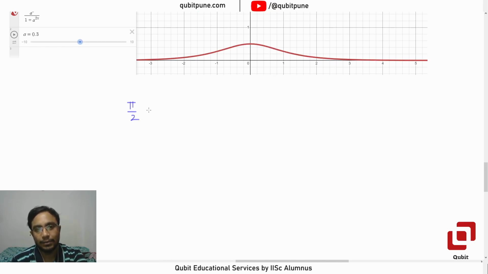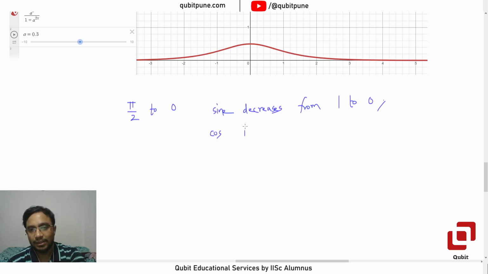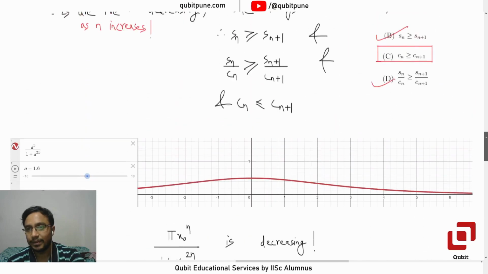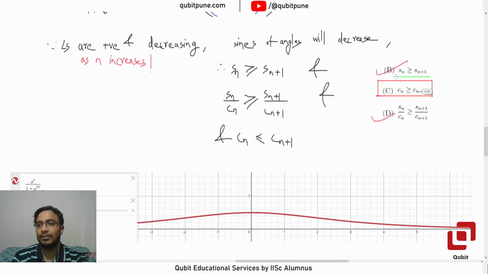As we go from pi by 2 to 0, sine decreases from 1 to 0, and cosine increases from 0 to 1, and tangent decreases from infinity to 0, and that's the reason why we got those answers here, Sn greater than or equal to Sn plus 1, and tan.